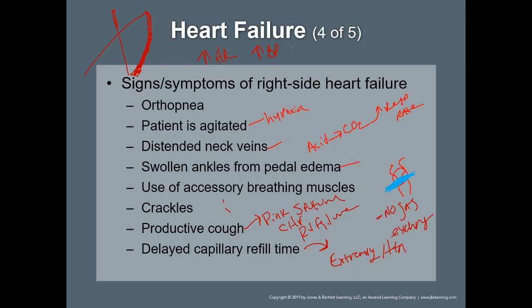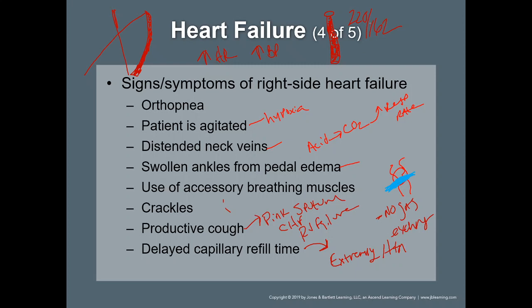All right. Afterload. So when we talk about afterload, these vessels are very constricted. Very constricted vessels. What's that mean in blood pressure? That means this: 220 over 162. That's what that means.